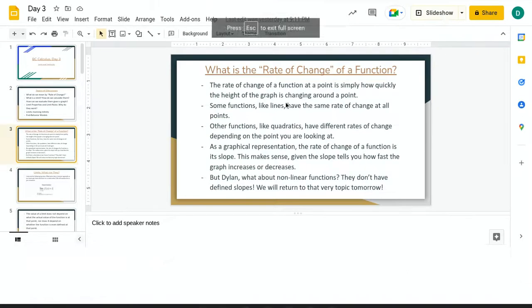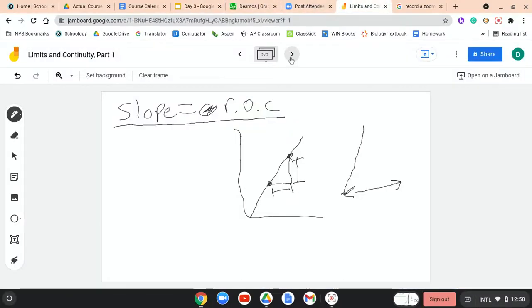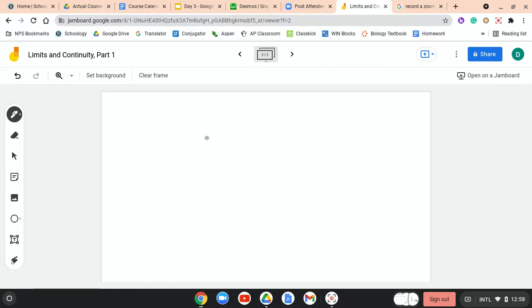So the only issue is we define the idea of rate of change as applying to all functions. Remember earlier we described the rate of change at different points of some weird function, right? So we can describe rate of change with nonlinear functions. But the problem is with nonlinear functions, we don't know how to calculate the slope.